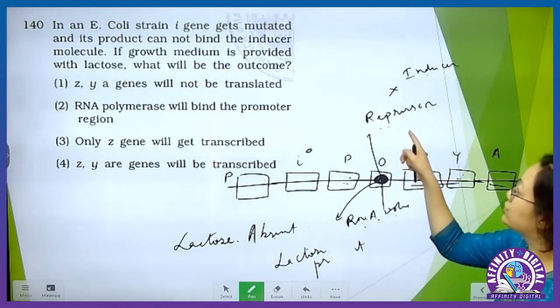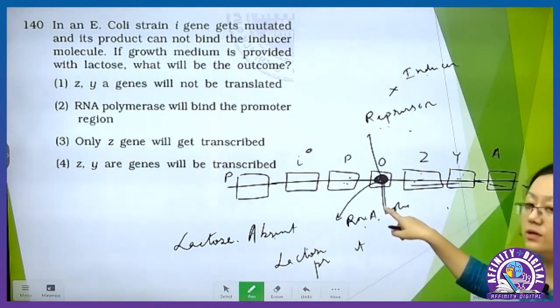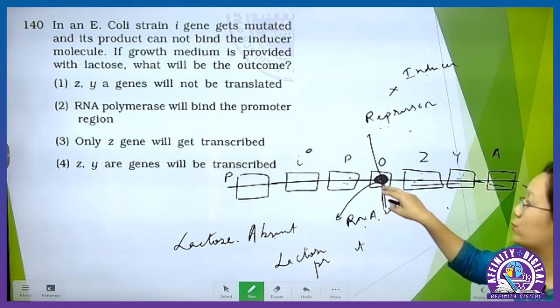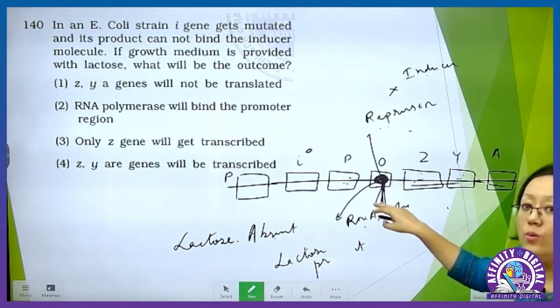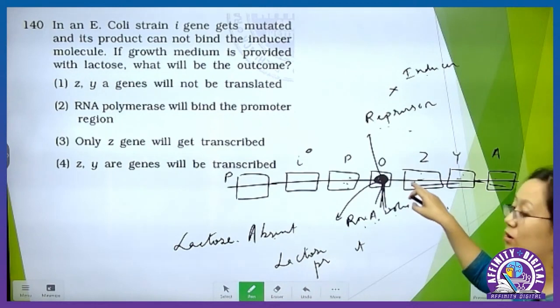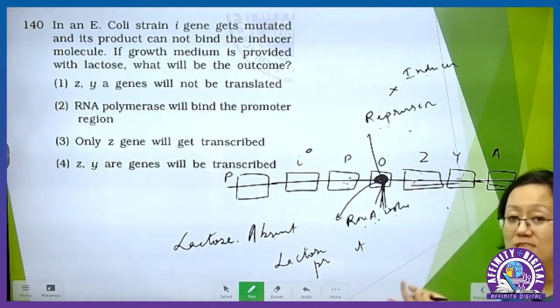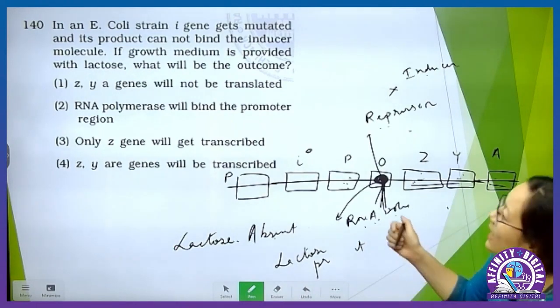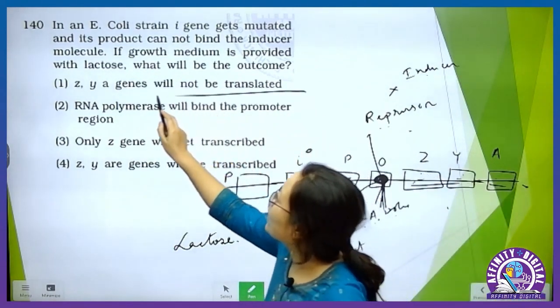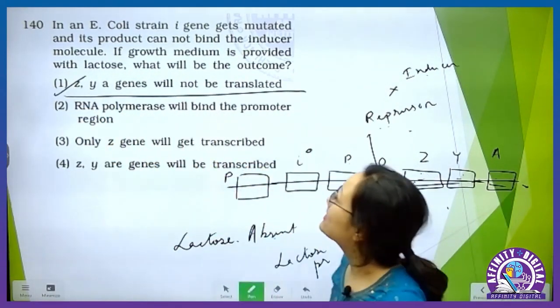So since lactose cannot bind to the repressor, it will not be able to remove it. Transcription cannot occur. No transcription, no translation. So the answer is that the Z, Y, A genes will not be translated.